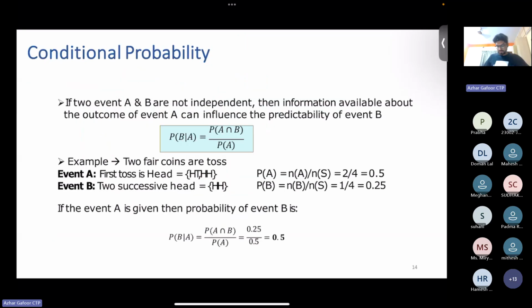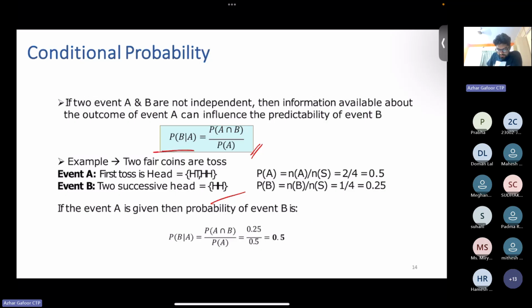We have conditional probability coming up next. So what is conditional probability? If two events A and B are not independent, then the information available about the outcome of event A can influence the predictability of event B. This is the formula for conditional probability, read as probability of B given A, which is the probability of B if A has happened.